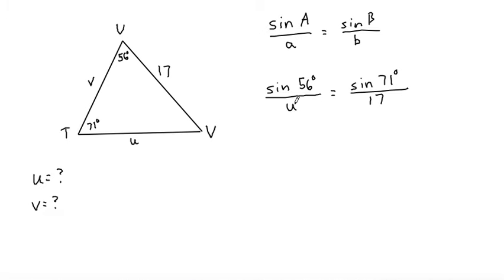So now we need to solve for u. Let's start by cross multiplying on both sides to get 17 sine of 56 degrees is equal to u sine of 71 degrees. And then to finish solving for u, we need to divide both sides by sine of 71 degrees.